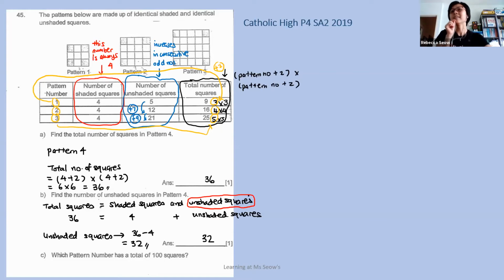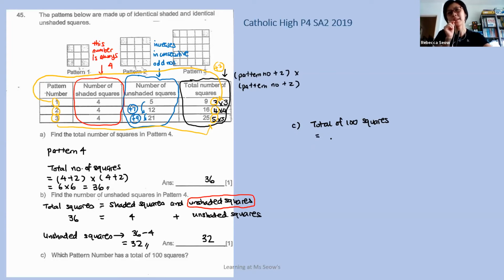All right. Now, lastly, we move on to C, whereby we look at the pattern number that has a total of 100 squares. Now I'm going to move on to the right-hand side of the page. If we were to have a total of 100 squares, we need to make a reference to the last column, and we need to consider what 2 numbers that are the same multiply to give you 100.